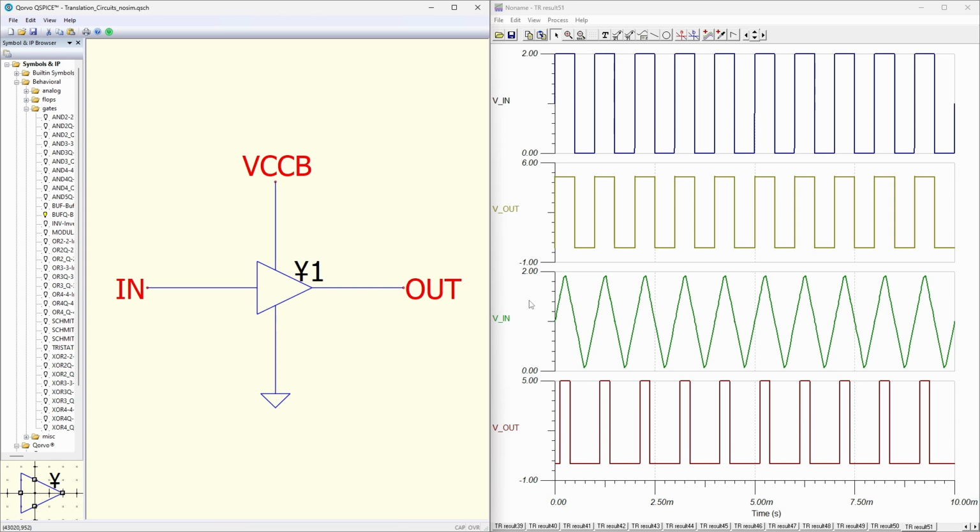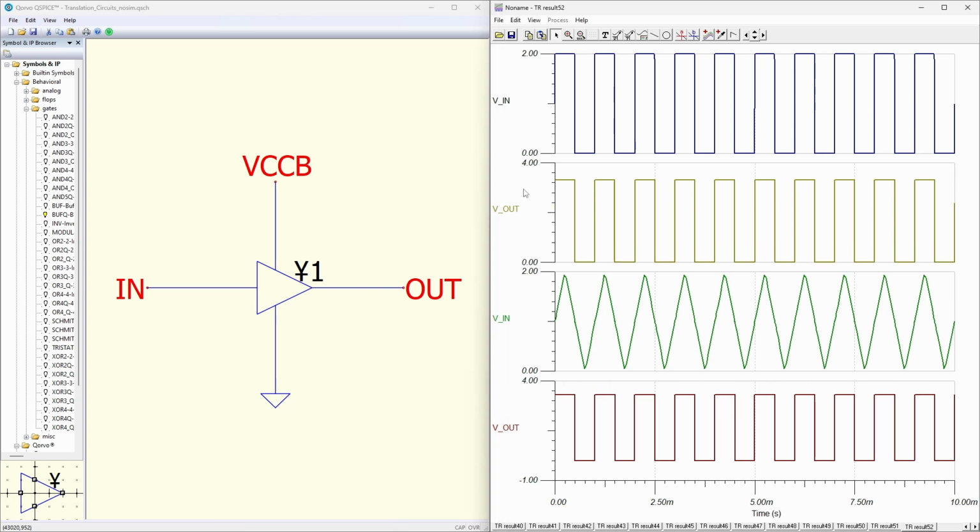So for example, you could be running at 3.3 volt supply, and with the same input signal, you can see now that my output puts out 3.3 volts, and my triangle wave is switching at a very different point than it previously was. So now instead of switching at 1.5 volts, it's now switching closer to 1 volt. This reduced input threshold allows you to do up translation pretty easily.